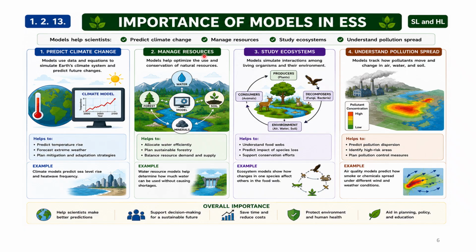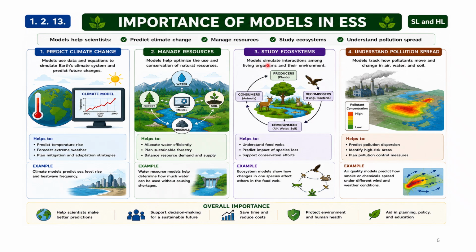Second, models help manage natural resources such as water, forests, soil, and minerals. Resource managers use models to estimate future demand and ensure sustainable use. For instance, water resource models can determine how much water can be withdrawn from a river without causing shortages.